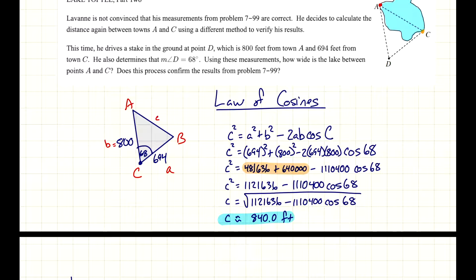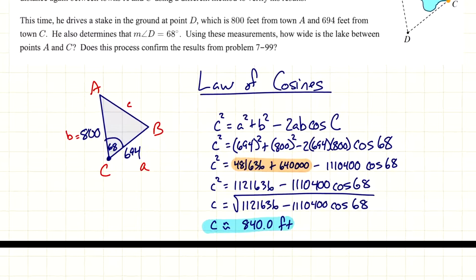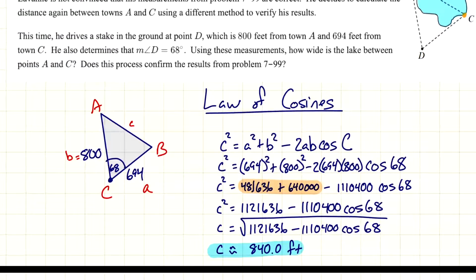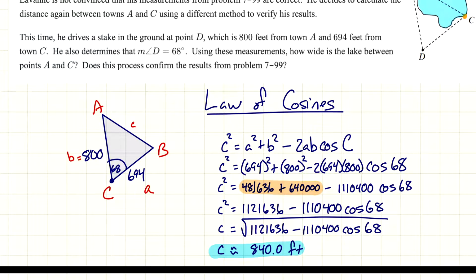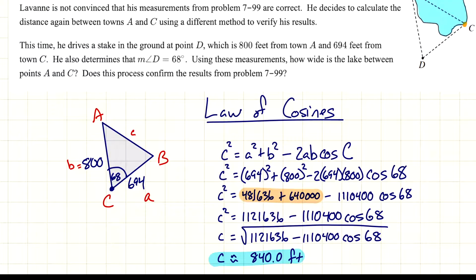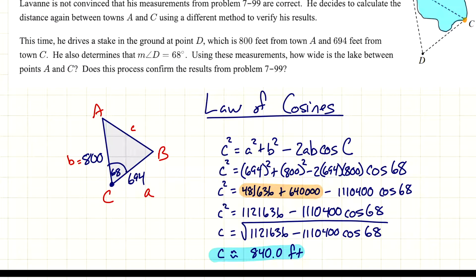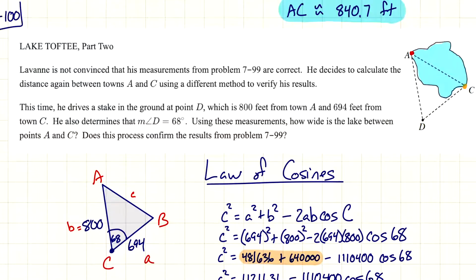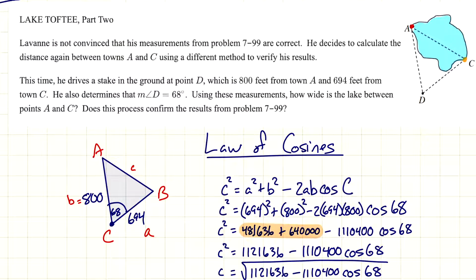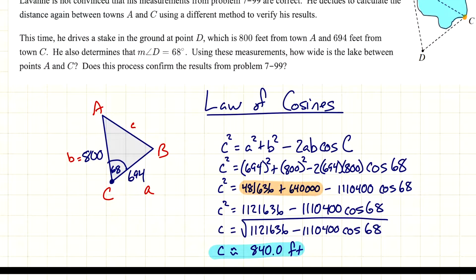Maybe it wasn't 800 feet, maybe it was 800.3 feet, the distance. So there could be little errors that he made when gathering information. So definitely these would have to be done multiple times to determine accuracy. But for the most part, it looks like both methods give us the same answer.